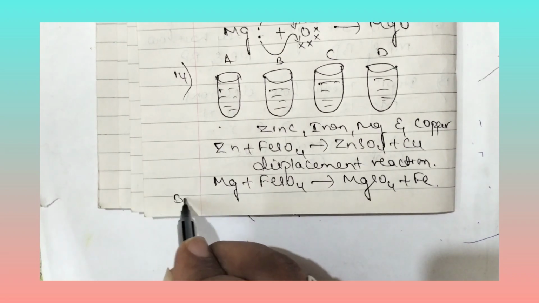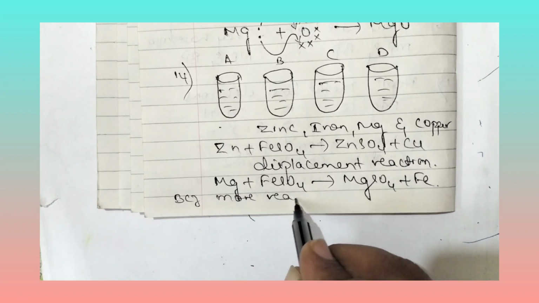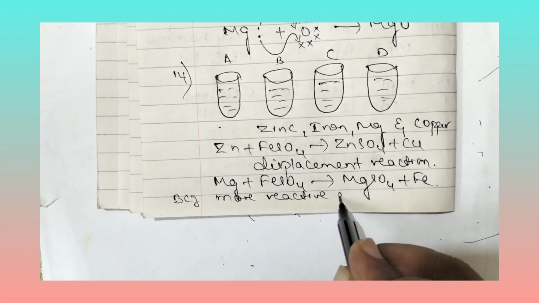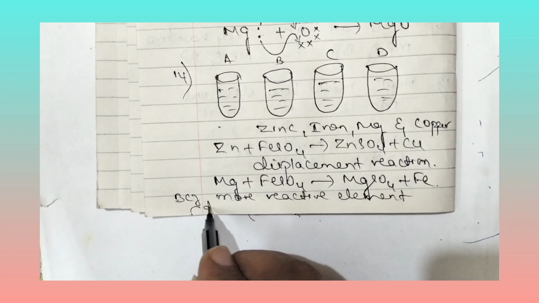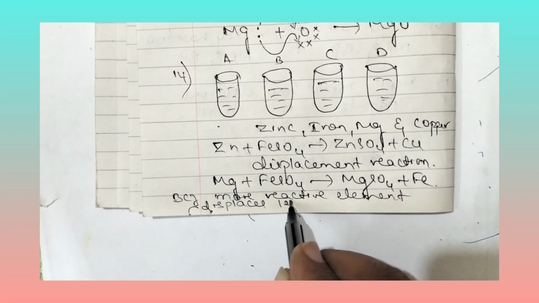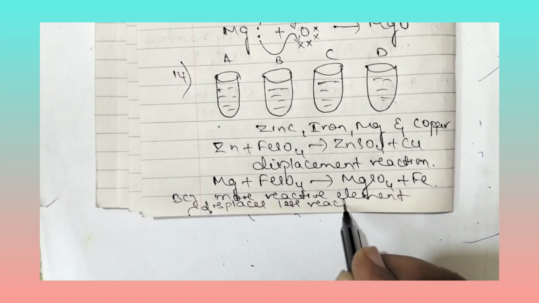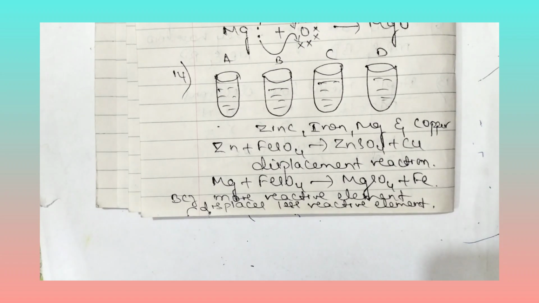Why did they ask this? Because a more reactive element displaces less reactive elements. Therefore displacement reaction takes place.